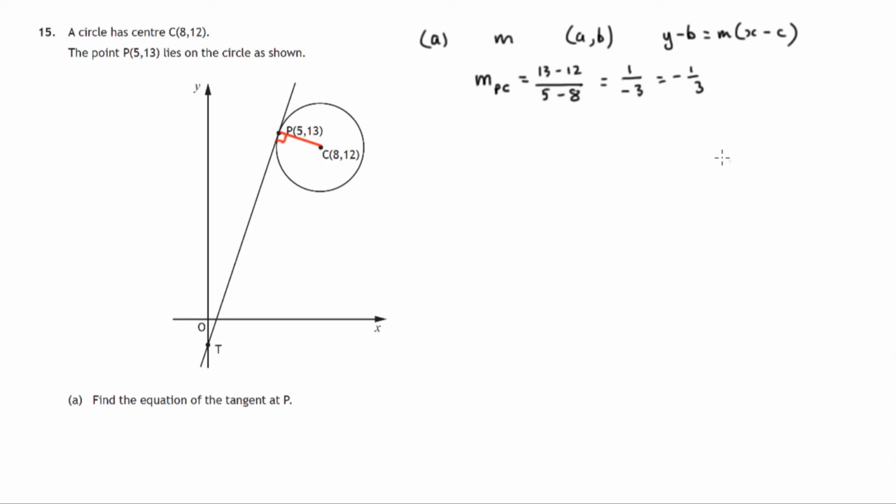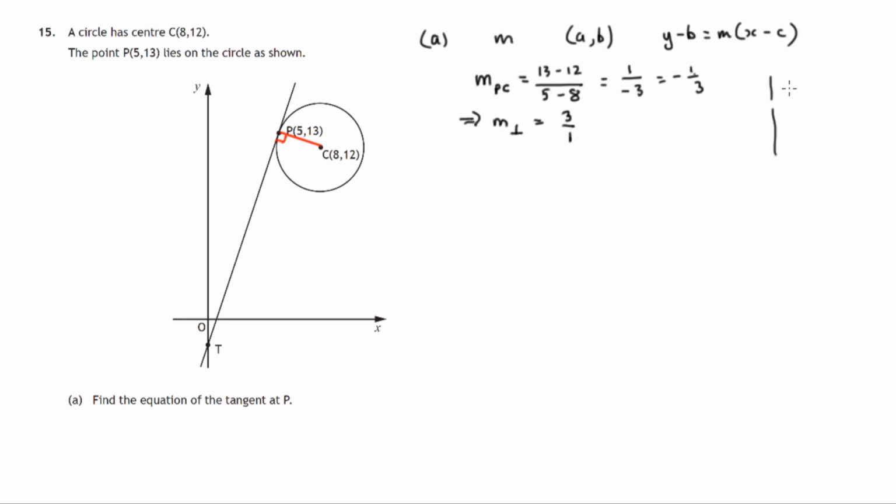And it's certainly a downhill line, 1 along a third down, or 3 along 1 down. It looks okay. And what does that mean about the line that's perpendicular to PC? What does it have as a gradient? Well, remember the result is that we invert the fraction, 3 over 1, and change the sign. So it'd be positive 3. Reason being that if we multiply negative 1/3 and 3, we get negative 1.